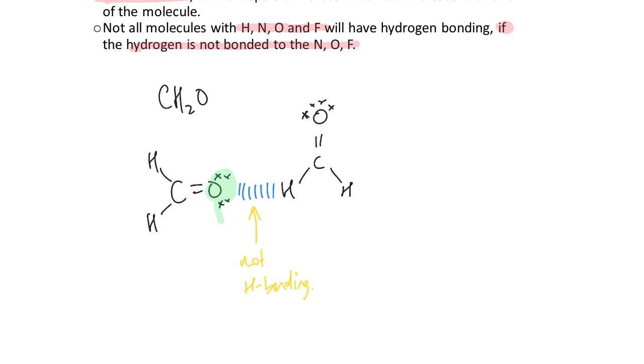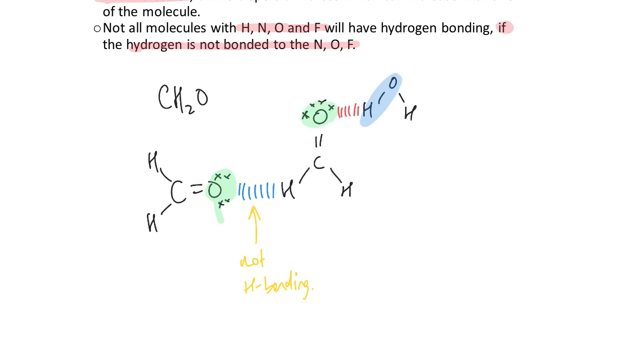But here's the tricky thing. Can this never make hydrogen bonding with anything else? No. This can form hydrogen bonding with something that is bonded to an N, O, or F, because this is the very electronegative part.